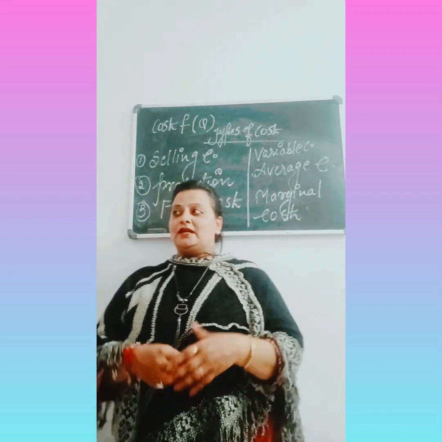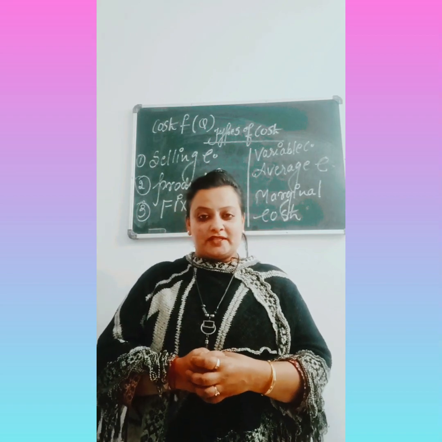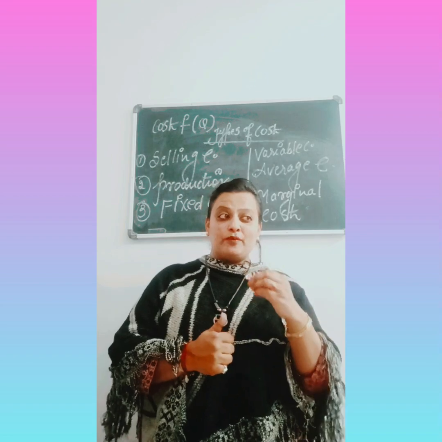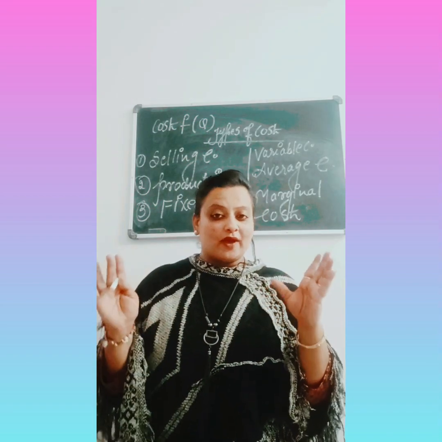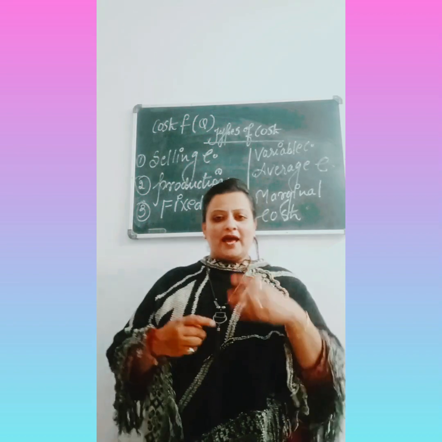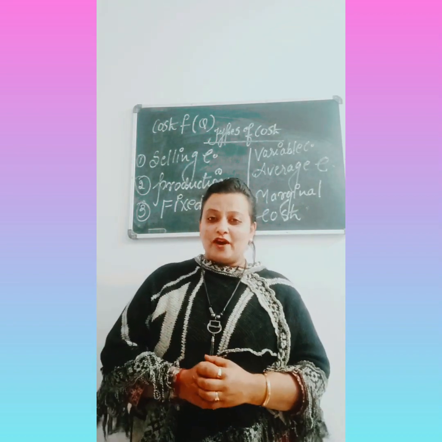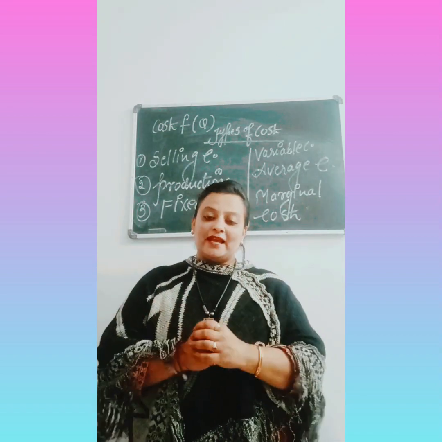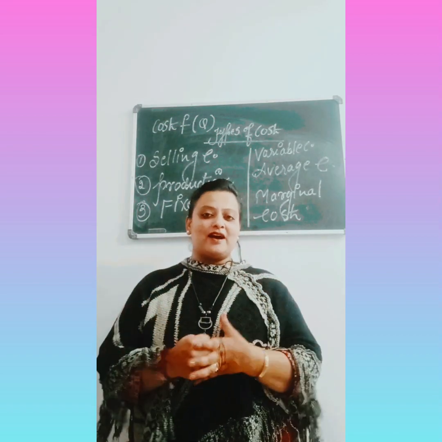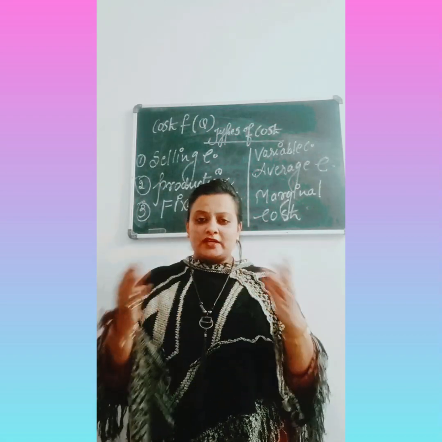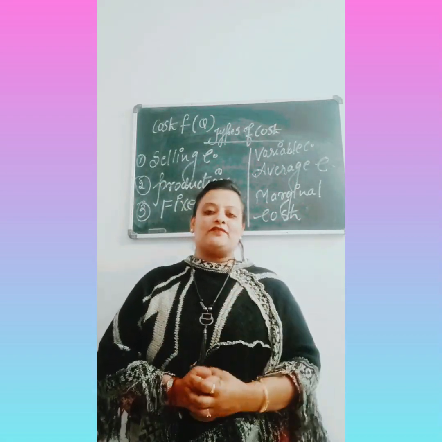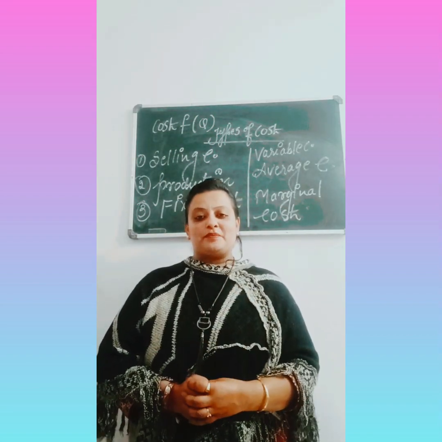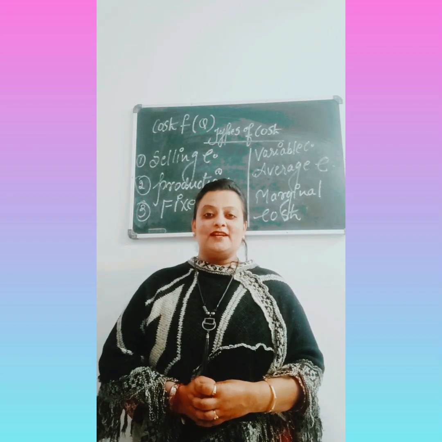For example, if I am manufacturing mobile phones and I want my sales to increase by hook or crook, I have to bear some selling costs in the form of advertising, marketing, and promotion, either through social media, Instagram, Facebook, Twitter, whatever. The costs which an entrepreneur has to bear to increase the sales of a commodity are called the selling cost.